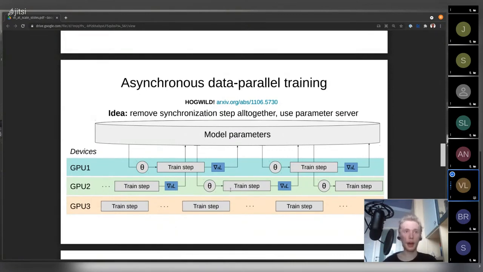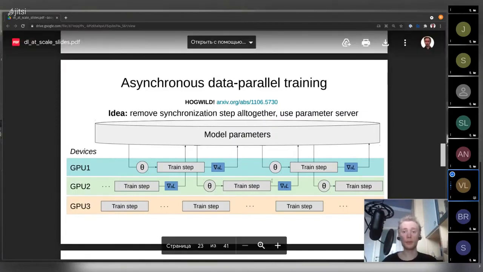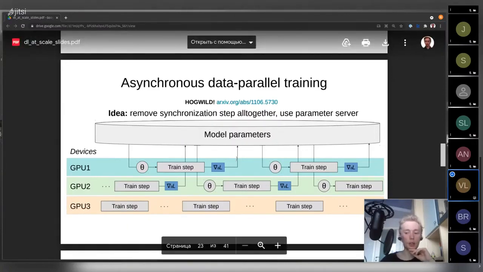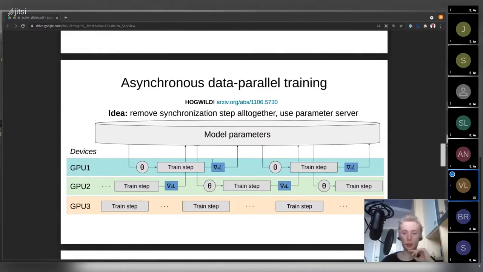Because if you have a lot of GPUs, then you're right that because of all of this repetition, because of this delay, you are going to have something similar to a larger learning rate. So maybe you should lower the learning rate when you're using this setup with a lot of GPUs. That's definitely a good point. Thank you.